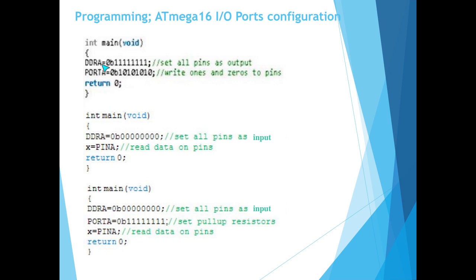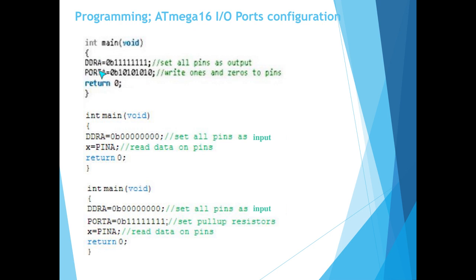The DDRA register is used for configuring the port, for example here port A, as input or output. If all of these values are 1, as I explained, then it sets all of the pins or bits of port A as output.